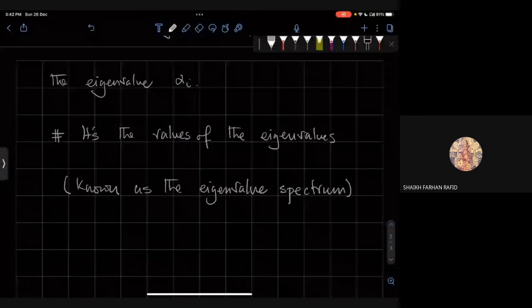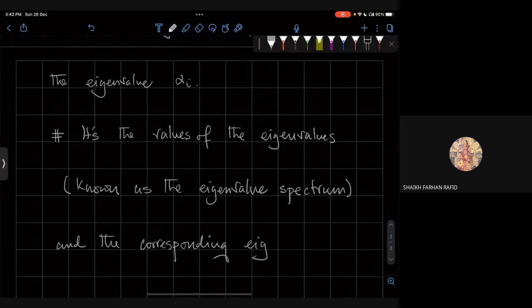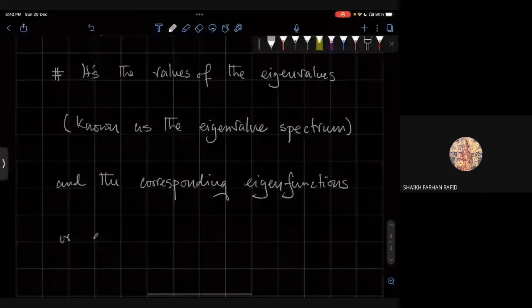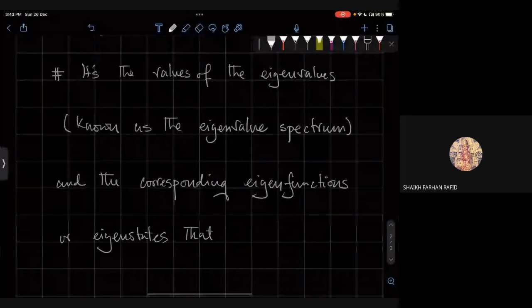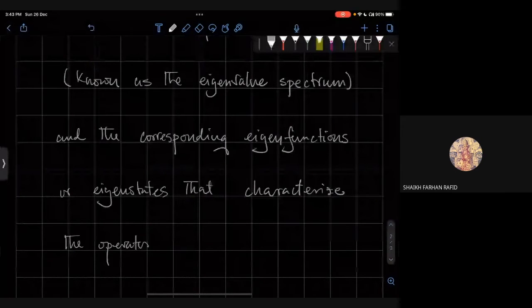It's the values of the eigenvalues and the corresponding eigenstates, I should say eigenfunctions or states, they're the same, that characterize the operator.